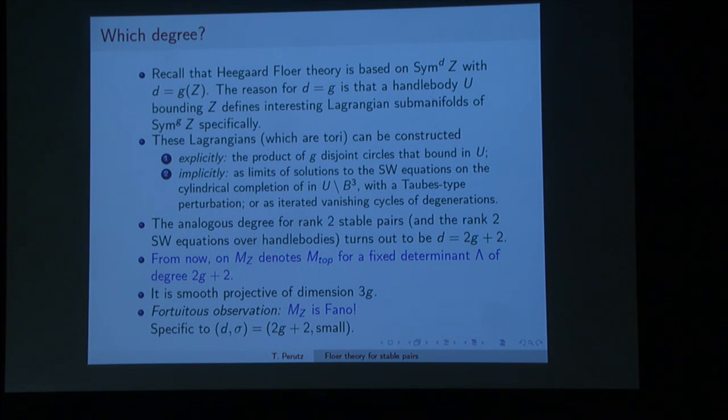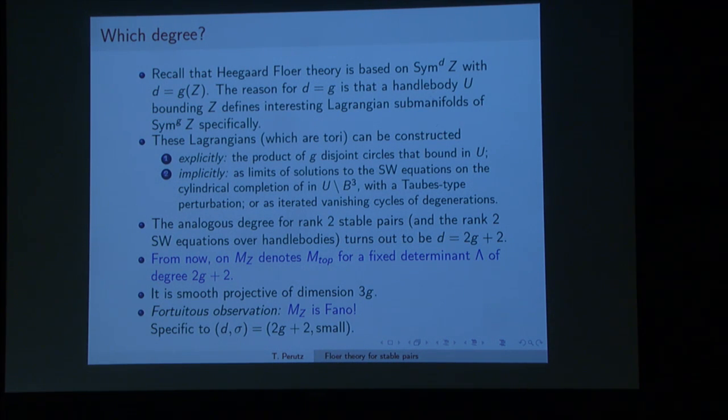Okay, so we still have another. I've argued that the parameter sigma that I want to look at is the one where sigma is small. We have another parameter to fix, which is the degree d. Well, if you think about Heegaard-Floer theory, that's based on Sym d of the surface Z, but with a specific d, namely d is the genus.